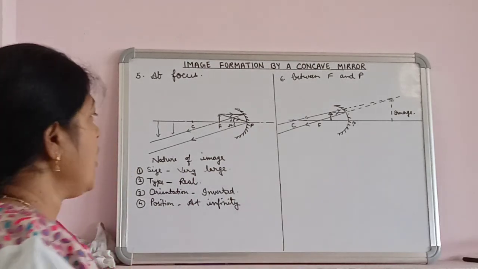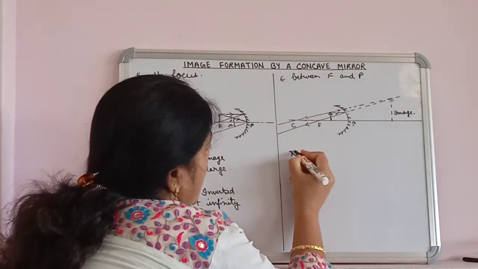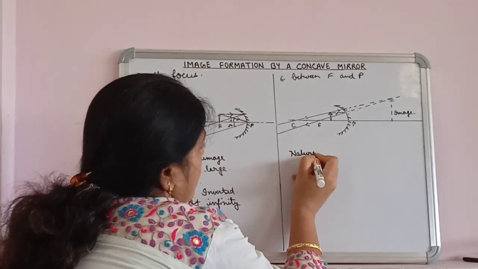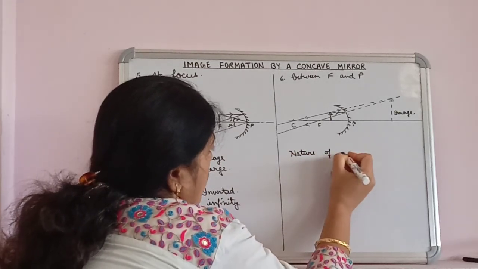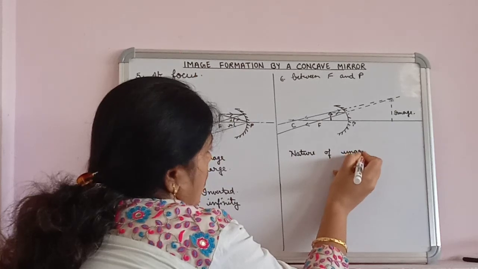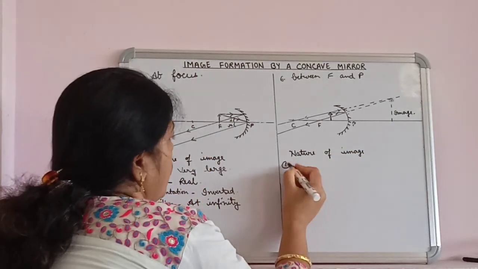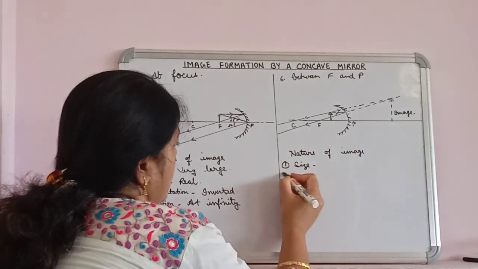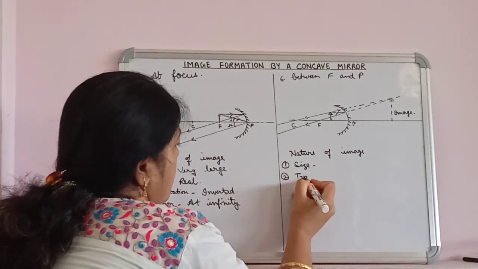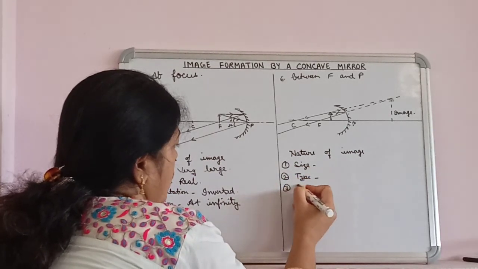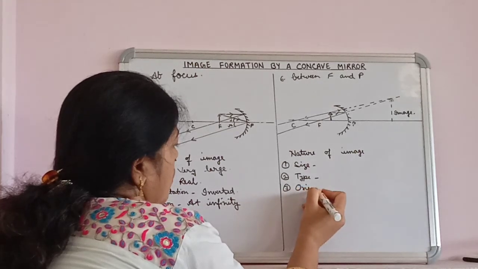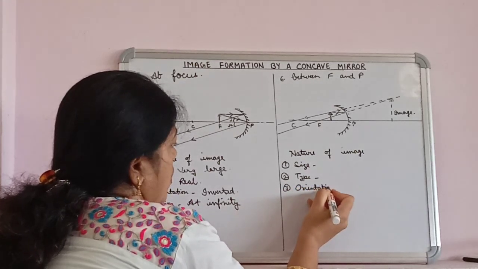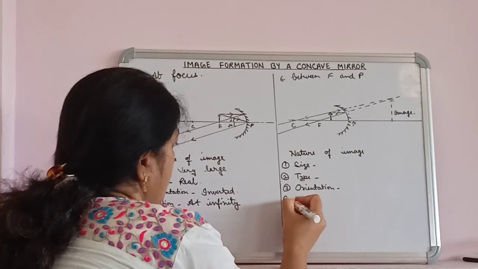So now we can write down the nature of image. We need to write the 4 points: size, type, orientation, position.